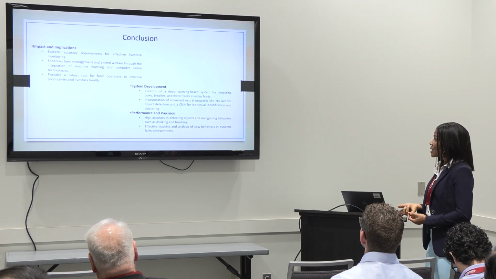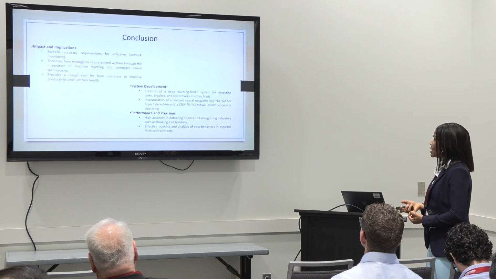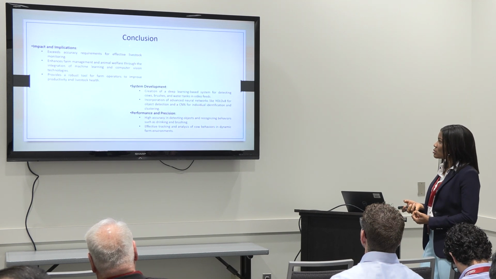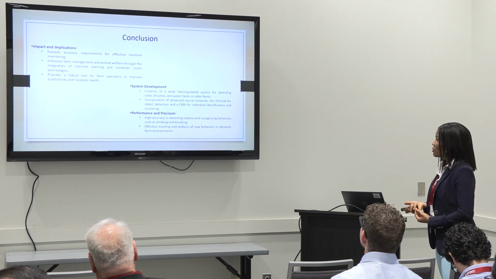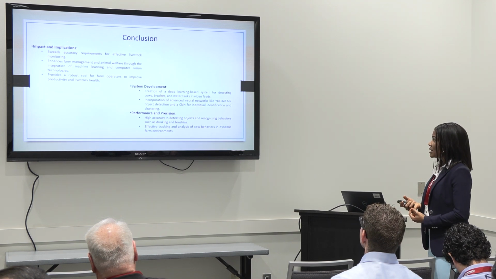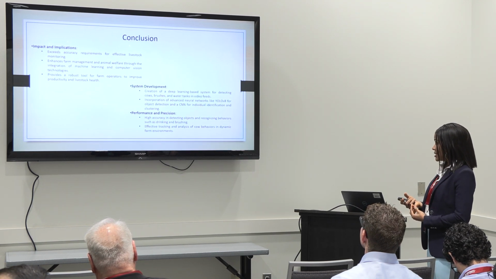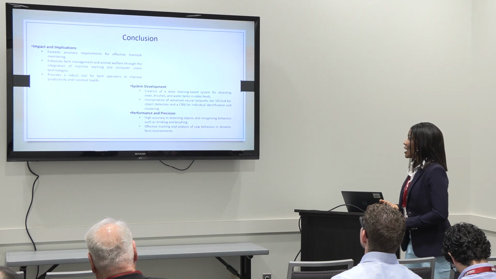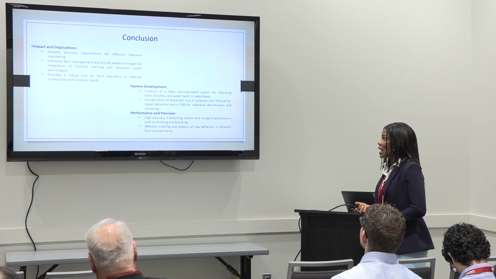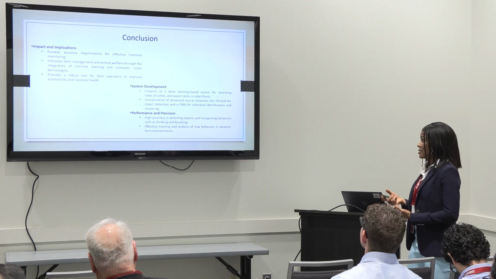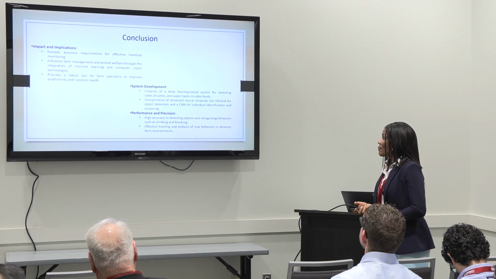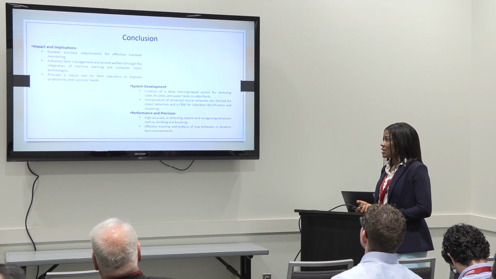We also have a system that creates a deep learning interface for detecting cows, brushes, water tanks, and video feeds, and it incorporates neural networks like YOLO-viet and CNN for individual identification and clustering. This system has really high accuracy in detecting objects and recognizing behaviors.